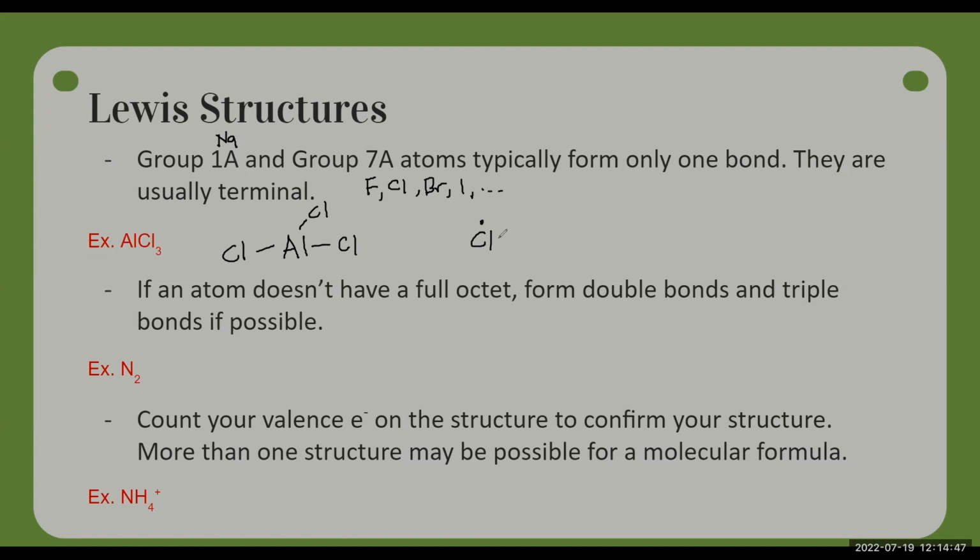So we do 1, 2, 3, 4, 5, 6, 7. So there's only 1 unpaired electron here, and because of that, it can only form 1 bond basically. Then we can look at aluminum, which would have 3, and we can just draw a connection right there. And then we can do that for all the other chlorines.